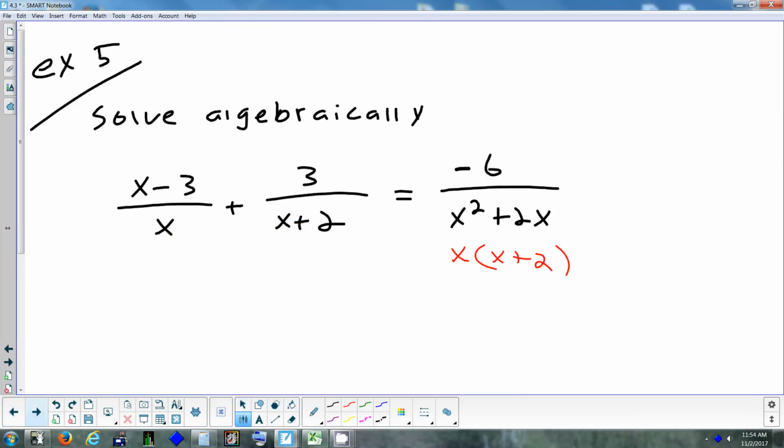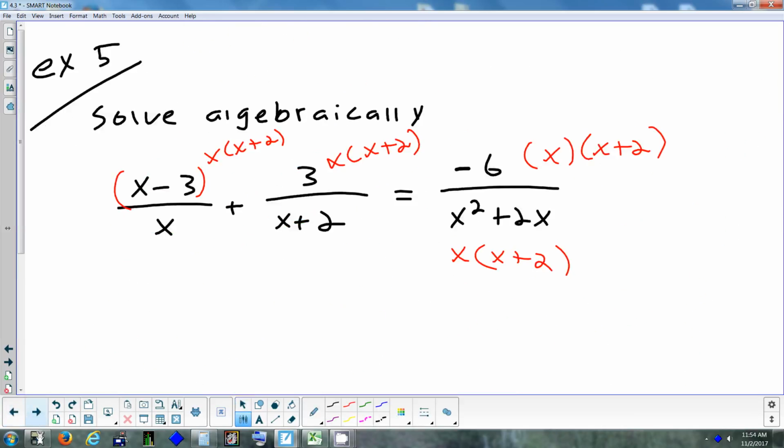So what would be the least common denominator here? X plus 2. So multiply everything by what I just said. X plus 2, x plus 2, x plus 2.